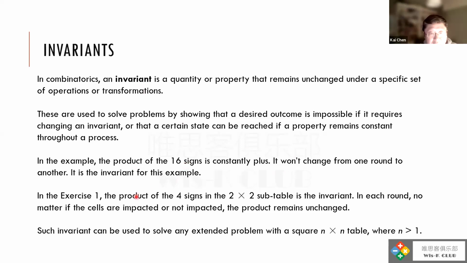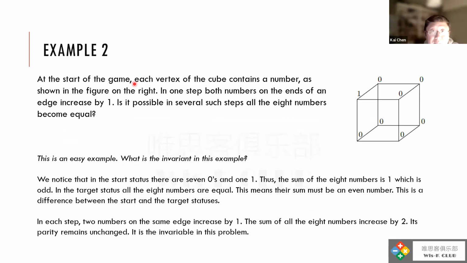In the exercise, we actually use a product of 4 signs. They are invariant. They never change. But the aim is to turn the 1 minus to all plus signs. That is indeed a change, but that means it's not possible. So you got the idea of what the invariant is. Okay.